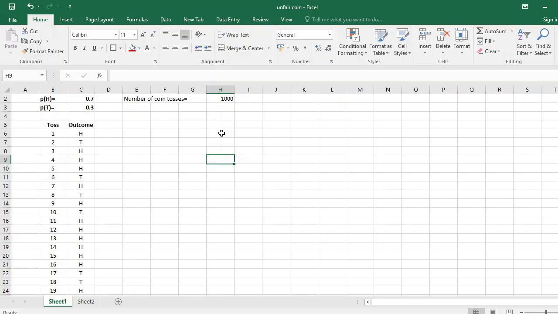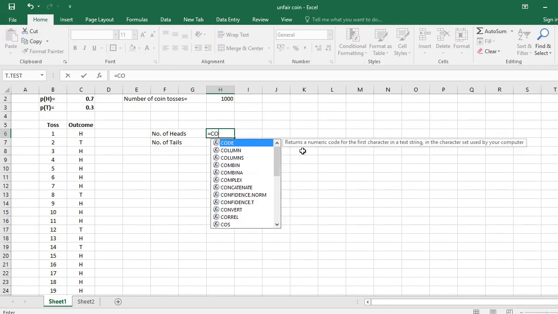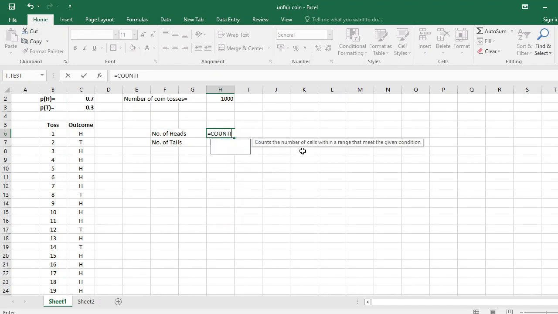Let us count the number of heads and tails in these two columns, and so we say number of heads and number of tails. So let's do the number of heads. Here we use the formula COUNTIF, and then we have to give the range, that is the range of the cells where the outcomes are present.